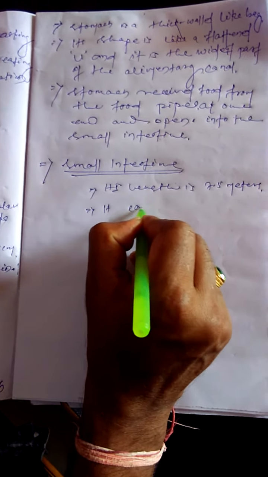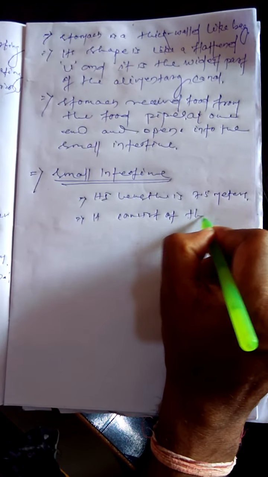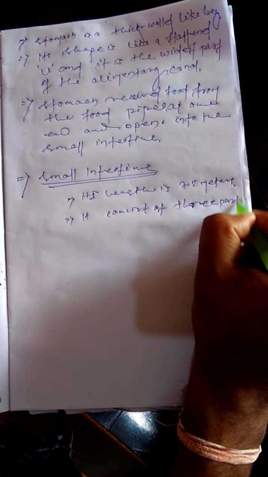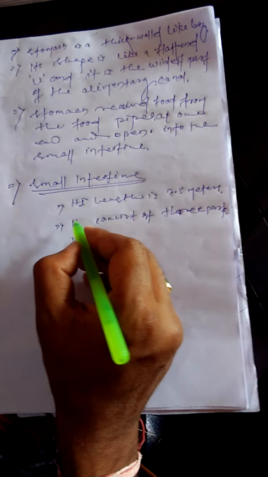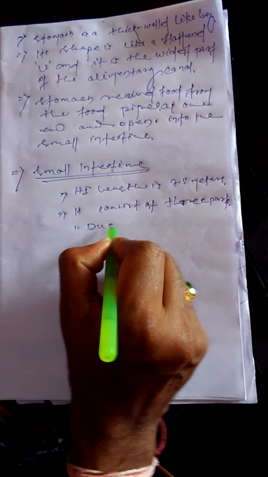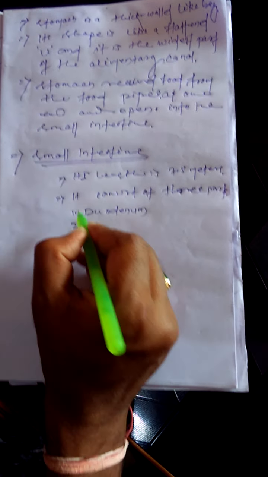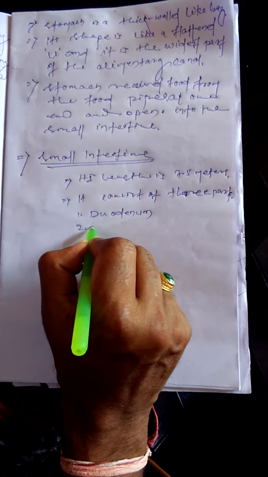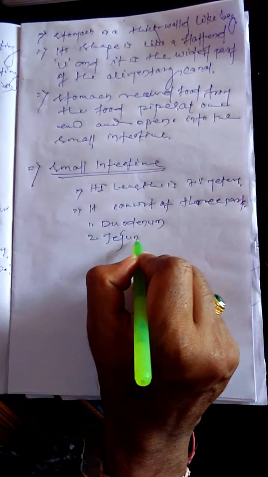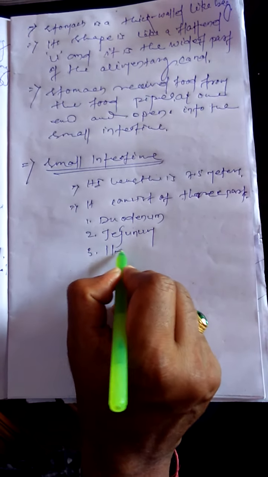It consists of 3 parts. First one, duodenum. Second one, jejunum. Third one, ileum.